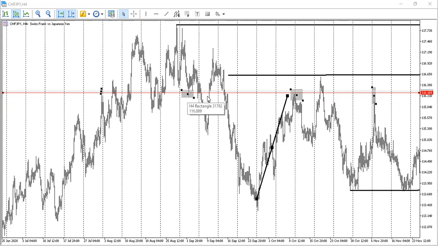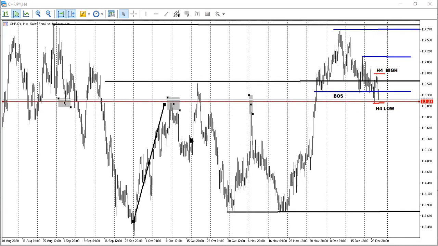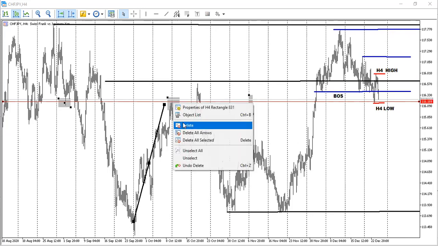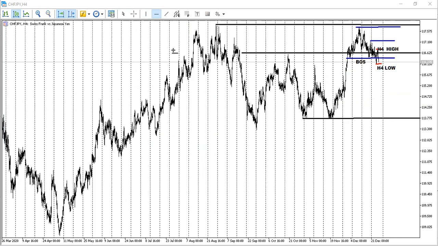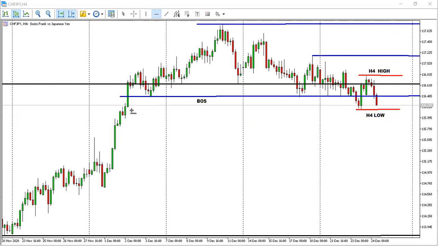Let me delete all this. Let me bring back my horizontal line. So we already know that a support is resting in a valid support. You will also notice the behavioral pattern of this candle.